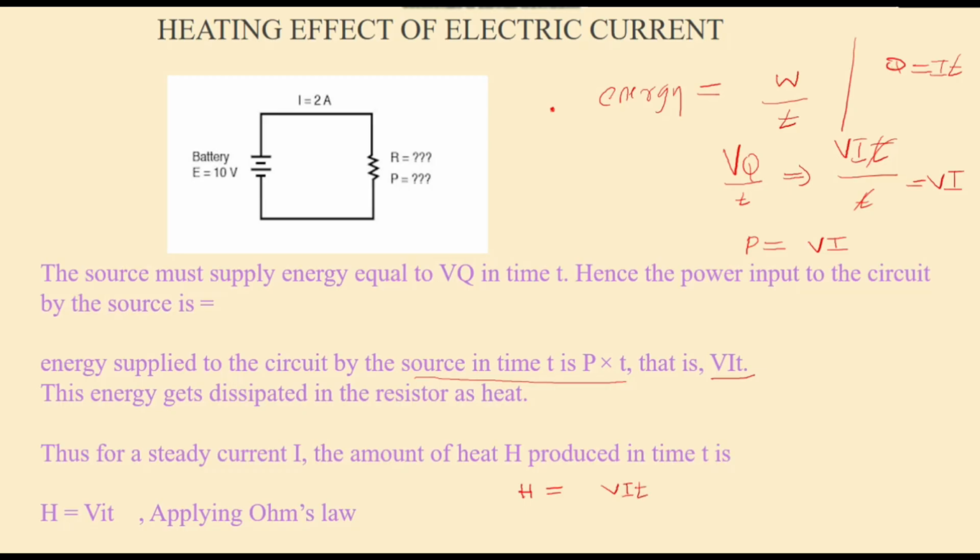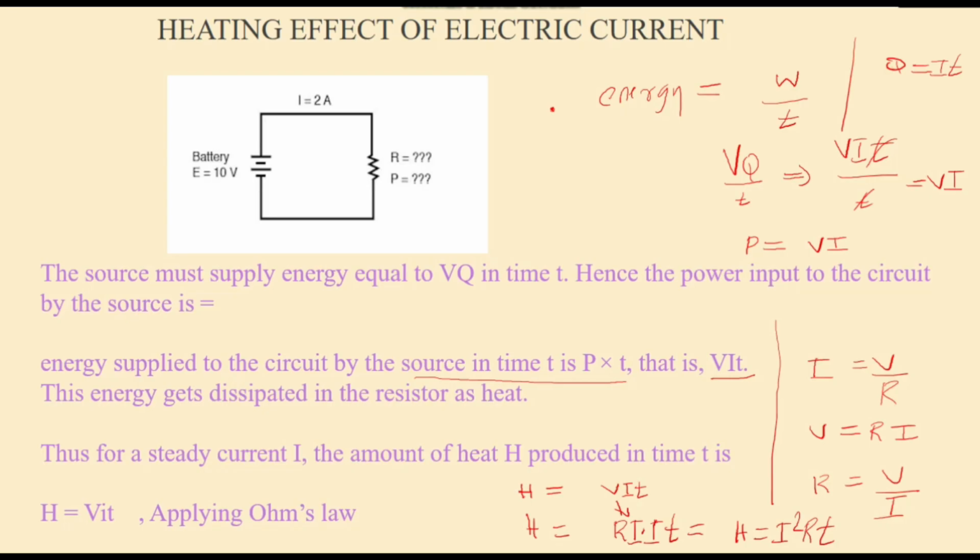So we are applying Ohm's law. We know that I is equal to V by R, V is equal to IR, and R is equal to V by I. Put in the equation H is equal to VIT: we put V is equal to IR in the place of V, into I into T, so H is equal to I square RT.